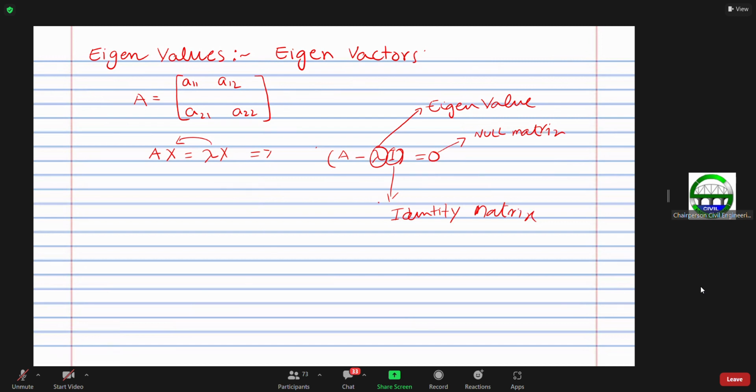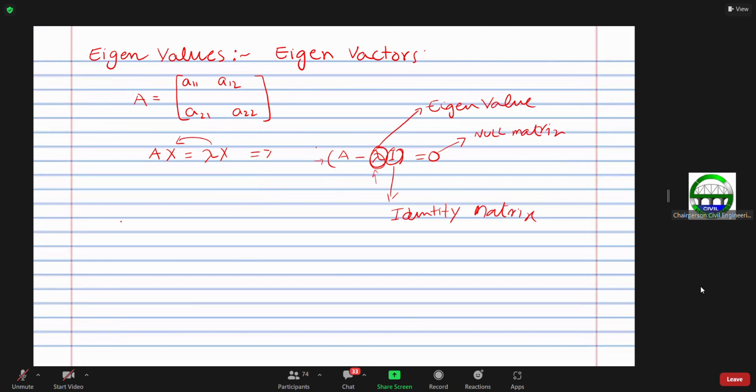Okay, so here lambda is known as the eigenvalue. If we put it equal to 0, then we call it the eigen equation, or the characteristic polynomial, we can say in any way. In the first step we have to find the eigenvalue lambda, and sometimes there is more than one value.